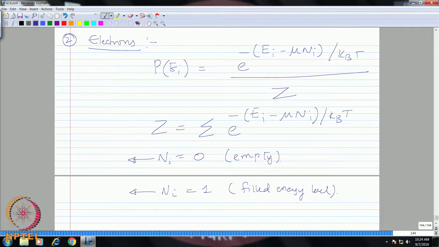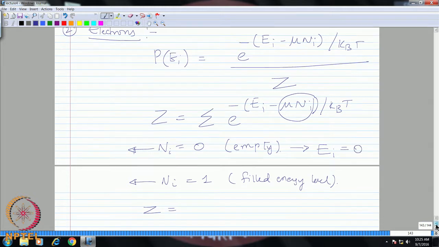Therefore, in this case the calculation of Z becomes relatively easy. This summation will run over the empty energy level and the filled energy level. For the empty energy level, this particular portion will be 0, and the corresponding value of E_i will also be 0.